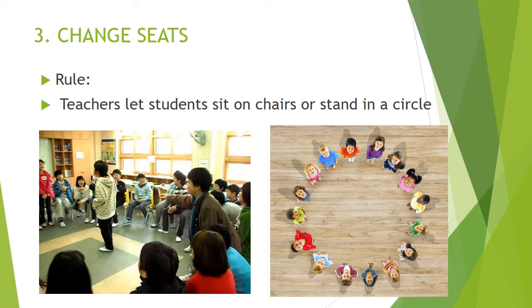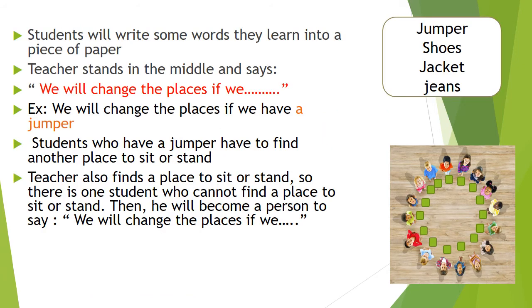But when you ask the students to stand in the circle, you have to mark the place where they are standing with something like books or a pencil or rulers or erasers, anything that you have, to mark the place.